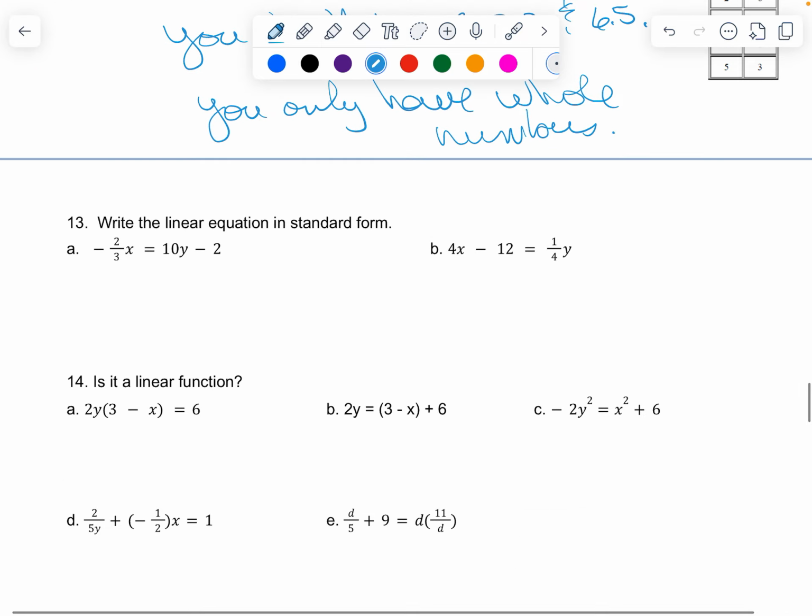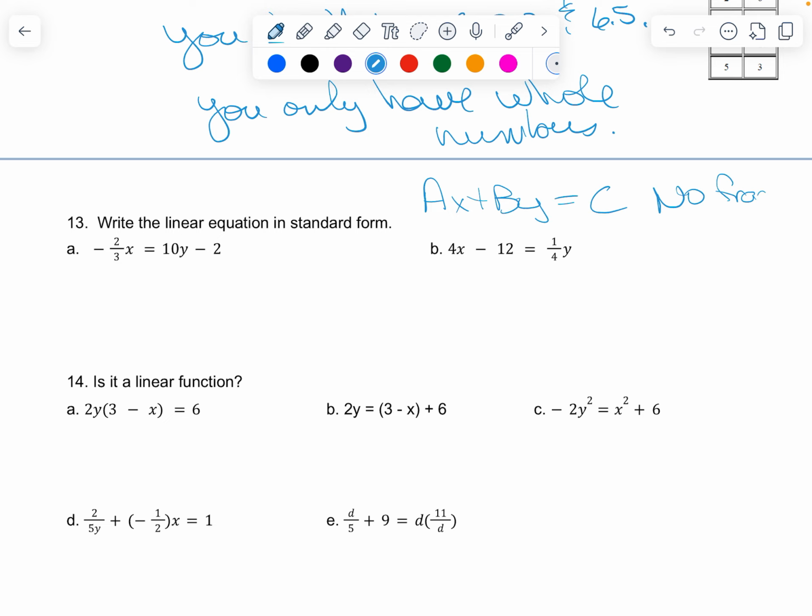Okay, write the linear equation in standard form. Remember, standard form is going to be ax plus by equals c, no fractions, and a is positive. So first of all, I'm going to get rid of this fraction.